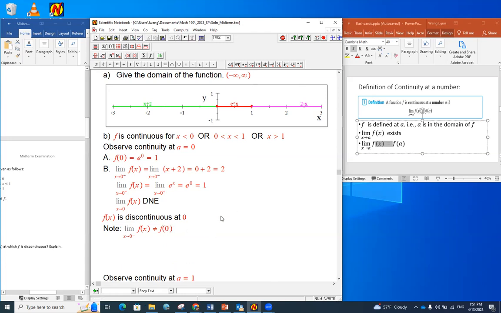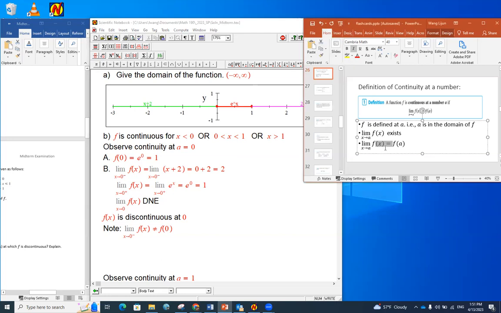This is also a violation of continuity, because the third condition implies the limit from left is the same as f of a, and the limit from right is also the same as f of a.